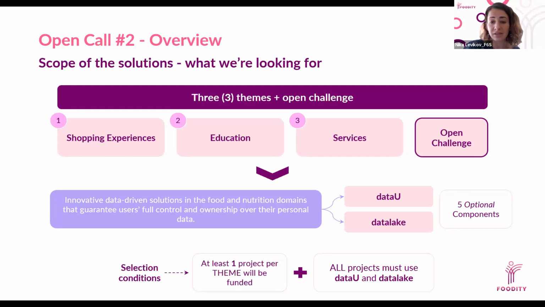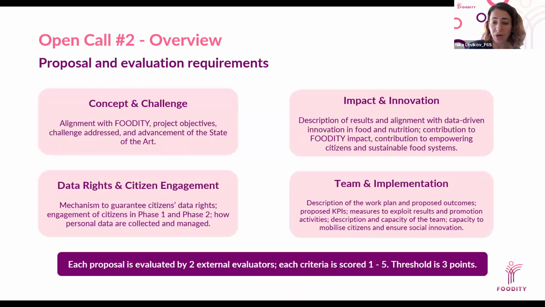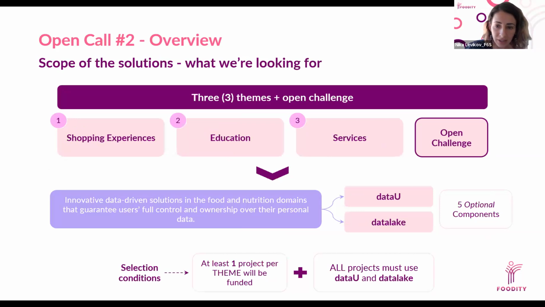And this is around perhaps some tools or services or an app that can make the experience of the citizen more pleasant, but also enable citizens to make better decisions, okay?